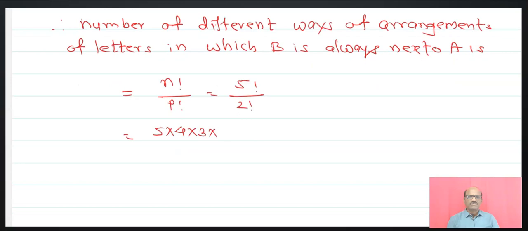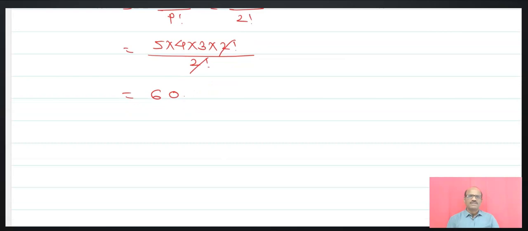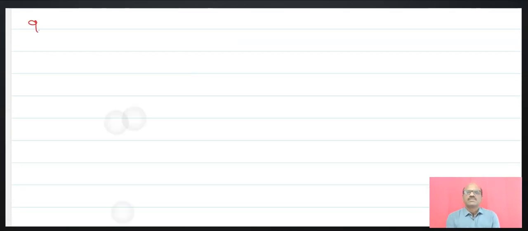That is 5 into 4 into 3 into 2 factorial upon 2 factorial, that gets cancelled, and you will get 60. Therefore, the number of arrangements formed is 60.